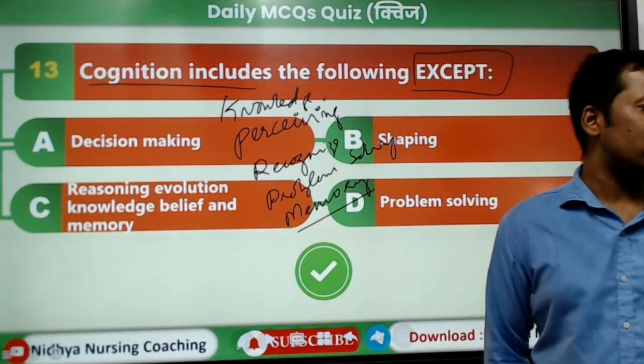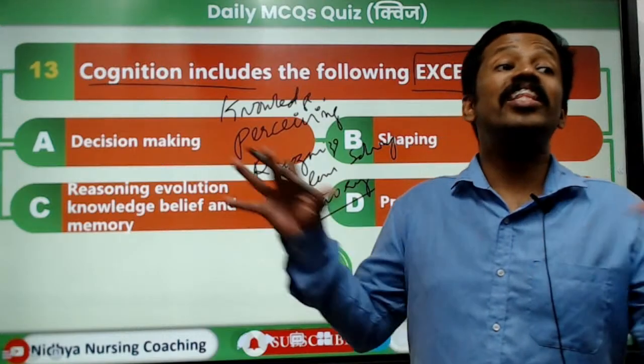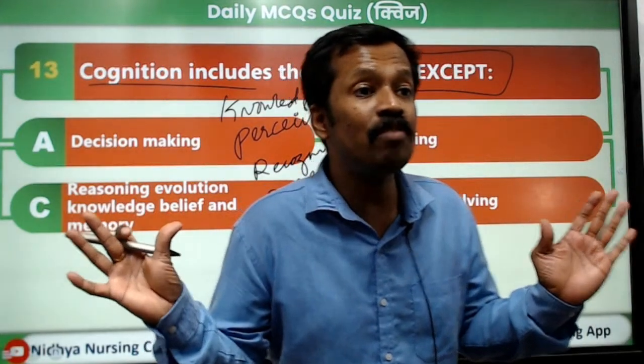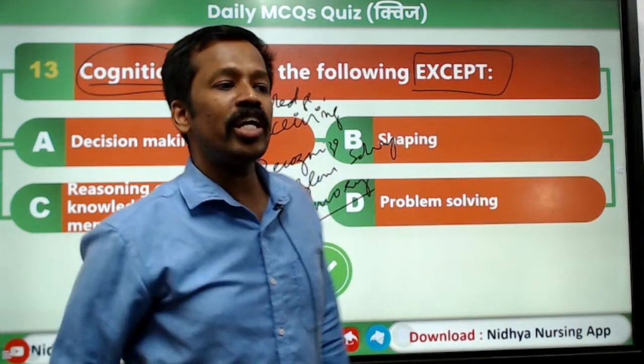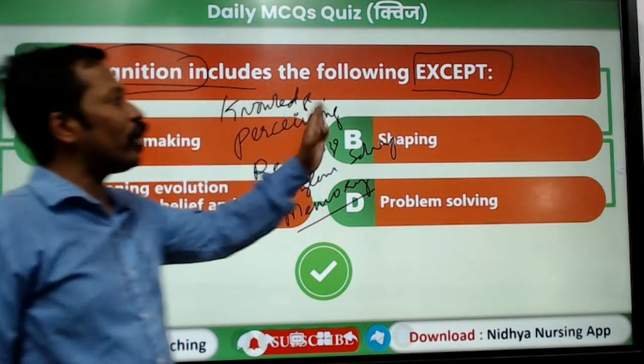Judgment, thoughts, everything comes under cognition. So our question is, cognition includes the following except.